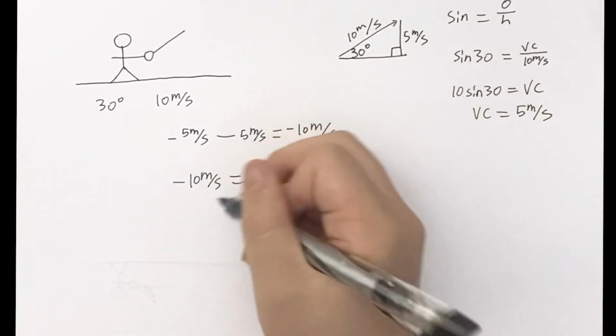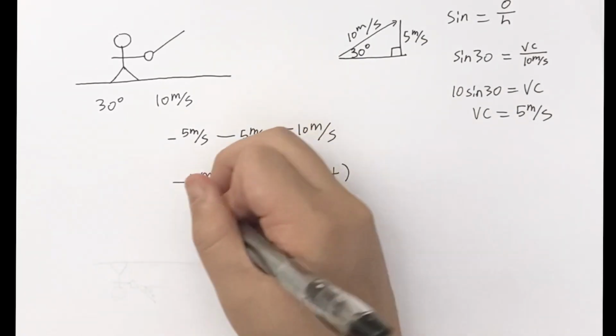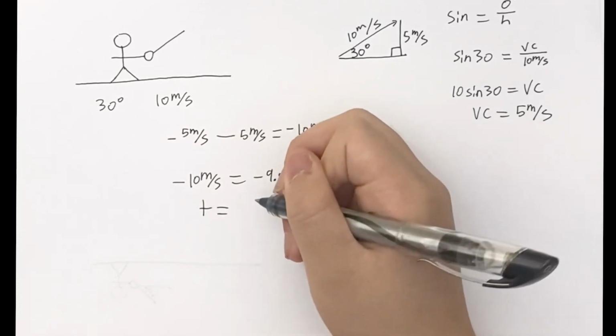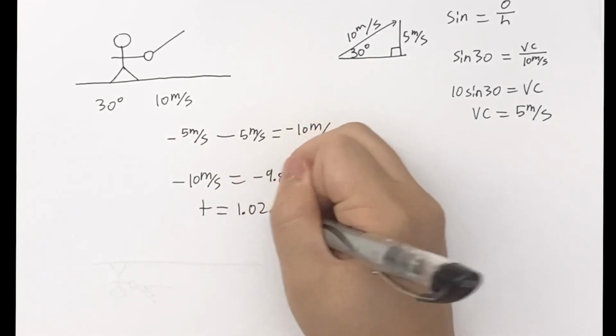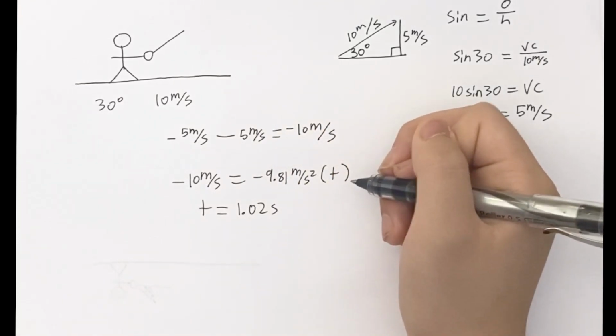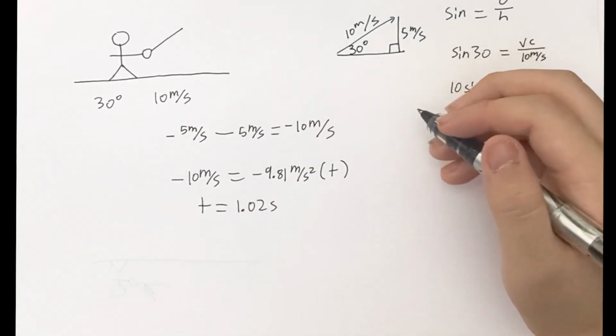So we can divide negative 10 by negative 9.81 and get that the time is equal to about 1.02 seconds. So now let's go back to our triangle and figure out the horizontal components.